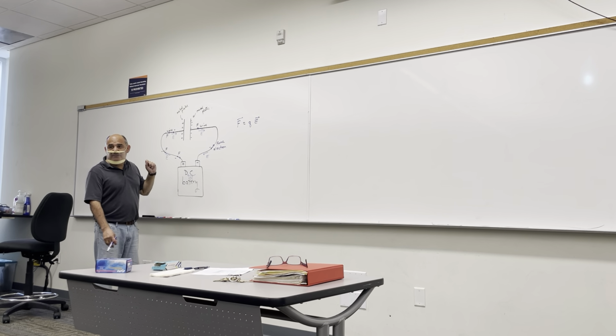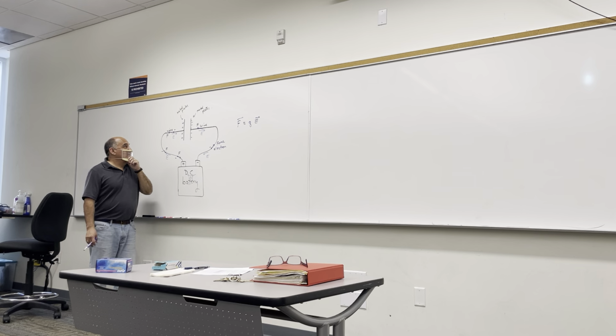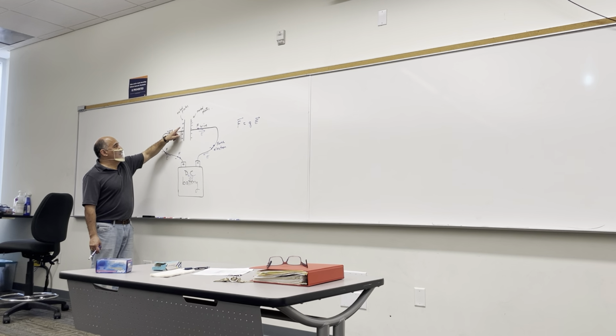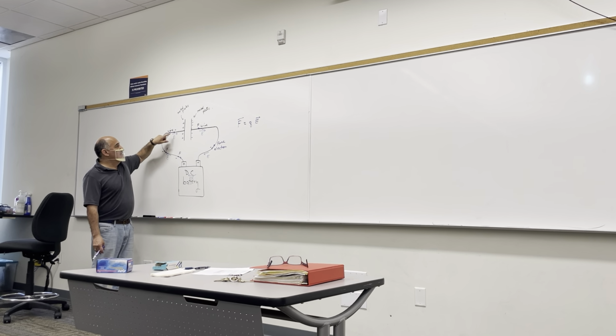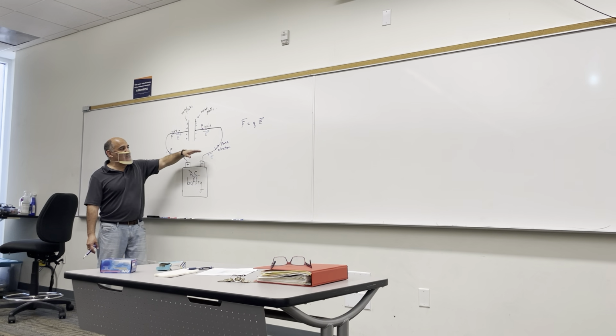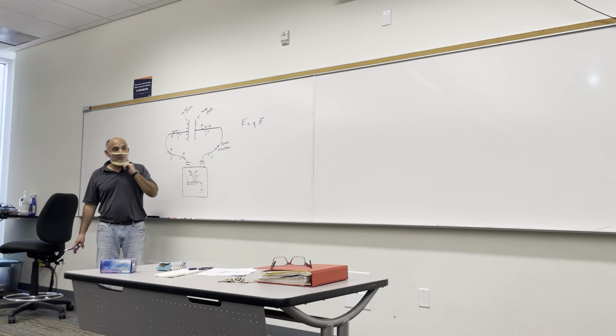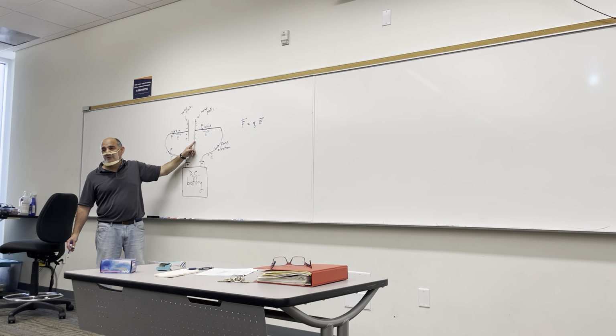Right? Yes? And so this positive charge over here will push away electrons also from here, right? And so eventually the flow of electrons is going to stop, because you will have accumulated so much over here, right?